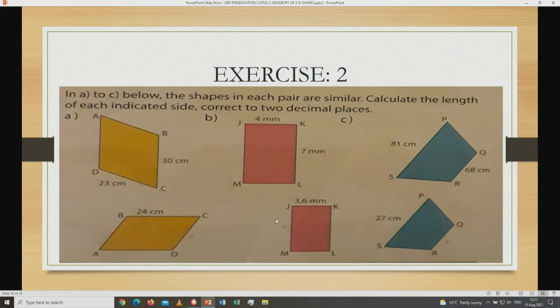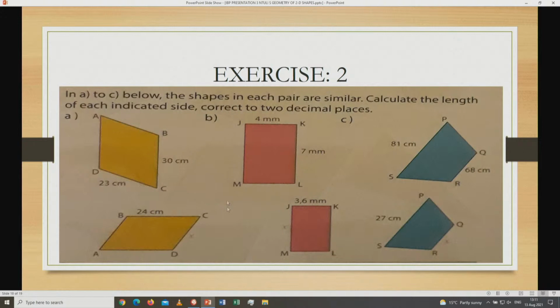Do B as well, and then do number C as well. Because remember, this X is not visible enough, but here, line QR has got an X there that you must find, which is corresponding to capital R, capital Q here, which is 68 centimeters. Here you are finding line JM, the value of X there.